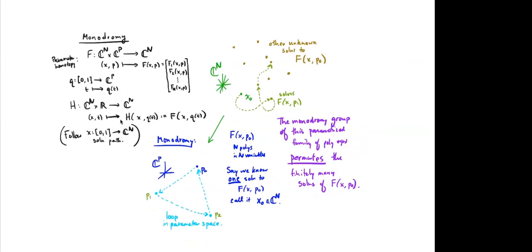So is the monodromy group like a group of these loops, or what? Yeah. So what is a group? Is it the group of loops, sort of like a fundamental group? Well, no, not really. You need the loops, but the monodromy group is actually the thing that's permuting the solutions up here. Okay. But of course, this is just my definition of the two words monodromy group.